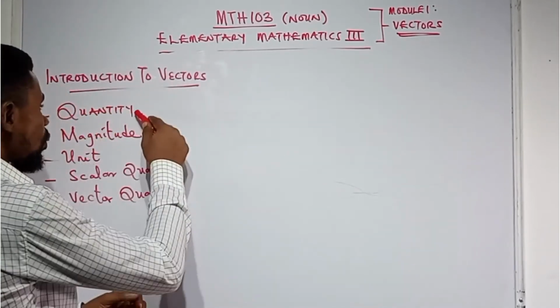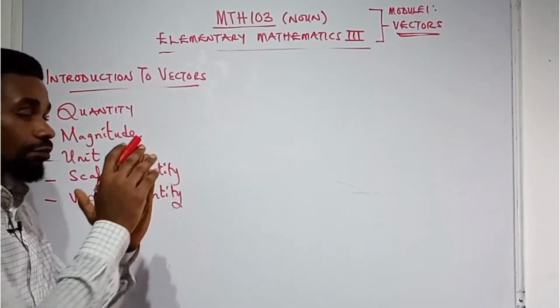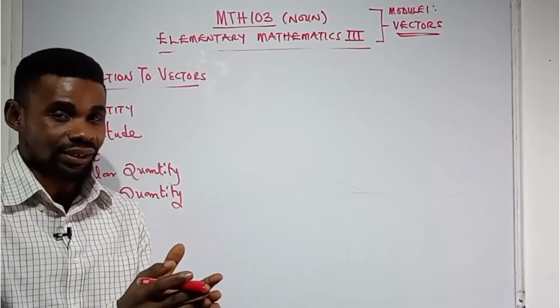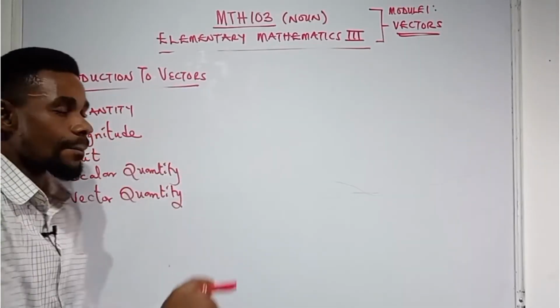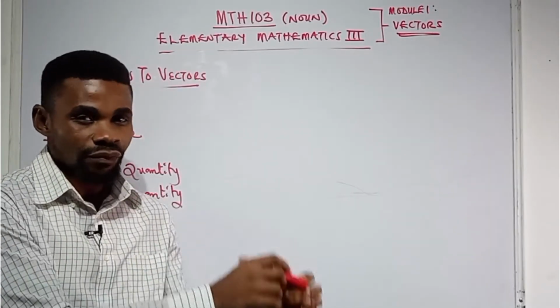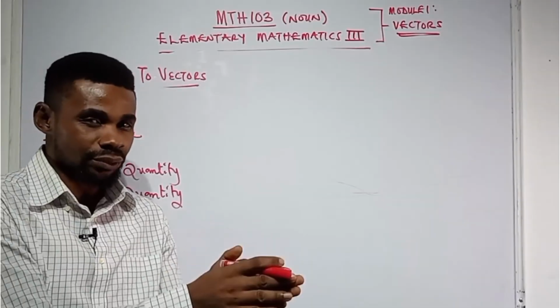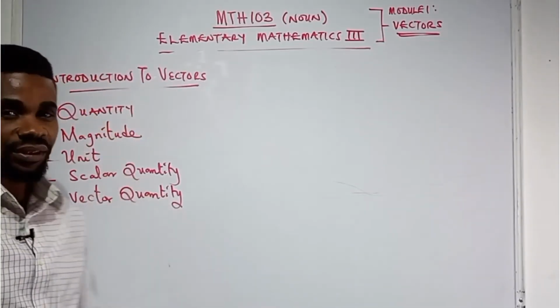So while a quantity is anything that can be measured, the moment we measure that thing, the numerical value we get for the measurement is the magnitude. And then the name given to that numerical value at that instance is what we call the units.